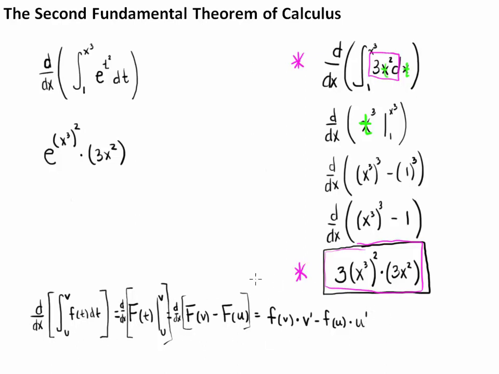And this down here is the second part of the fundamental theorem of calculus. If I am taking the derivative of an integral and it has variables in its bounds, then this is how I can figure out what that derivative of the integral ends up being.